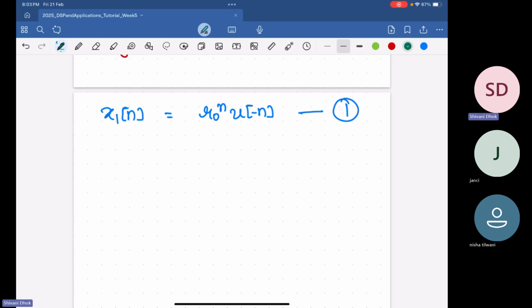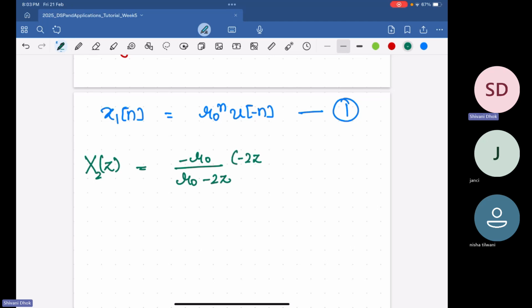x2 of n. So for that, let us focus on x2 of z. Now we need to figure out x2 of n. For that we have x2 of z, which was minus r naught upon r naught minus 2z. Now what we will do, we'll multiply by minus 2z whole inverse on both the sides.